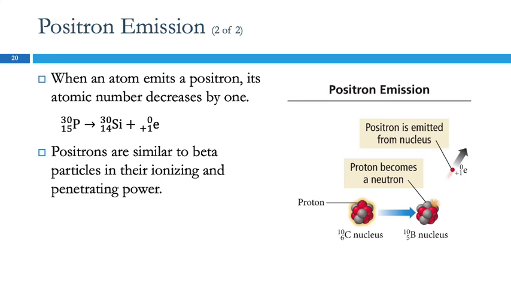So alpha, beta, it's like A, B, right? And then gamma, you're like, what is that? Well, the other one is C. So we went from big to small: semi-truck, car, motorbike. So positrons and beta particles are like the cars, sort of intermediate in their ionizing and penetrating power.